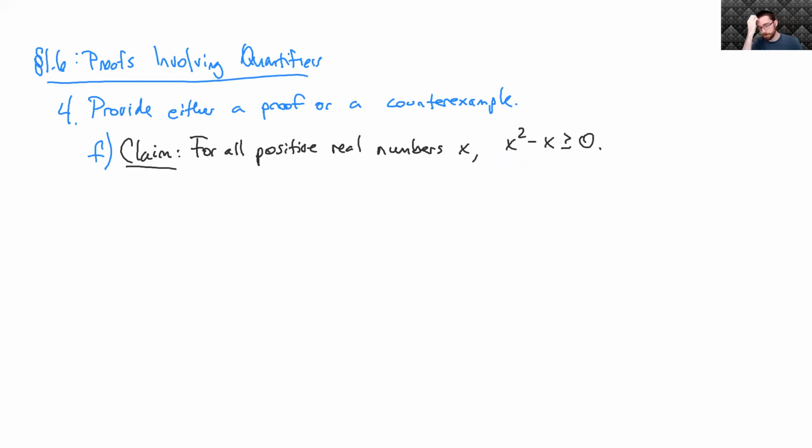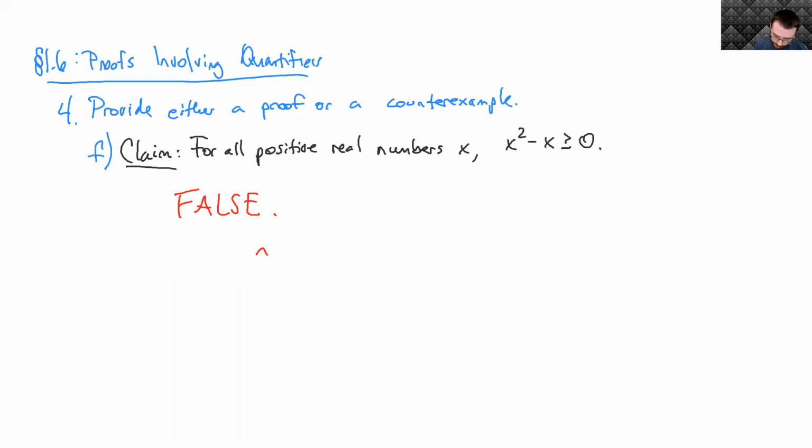Okay, so you might try for a while to prove this, but you would struggle a lot because it's false. Okay, so I'm going to claim it's false, because the negation looks like this.